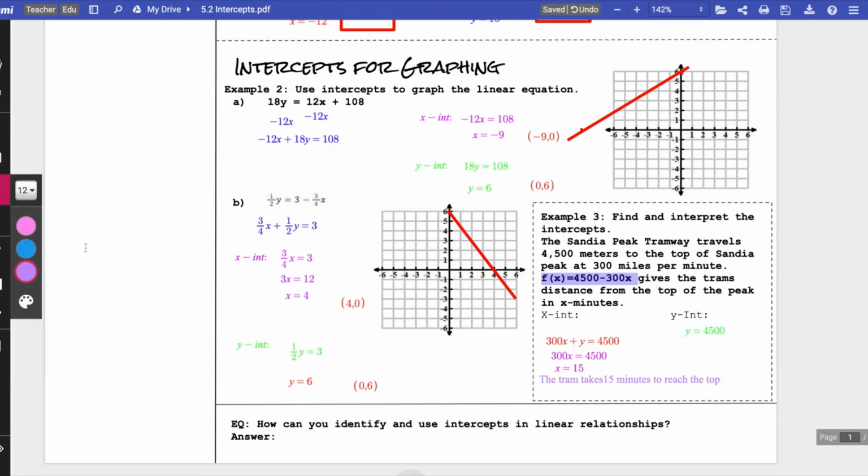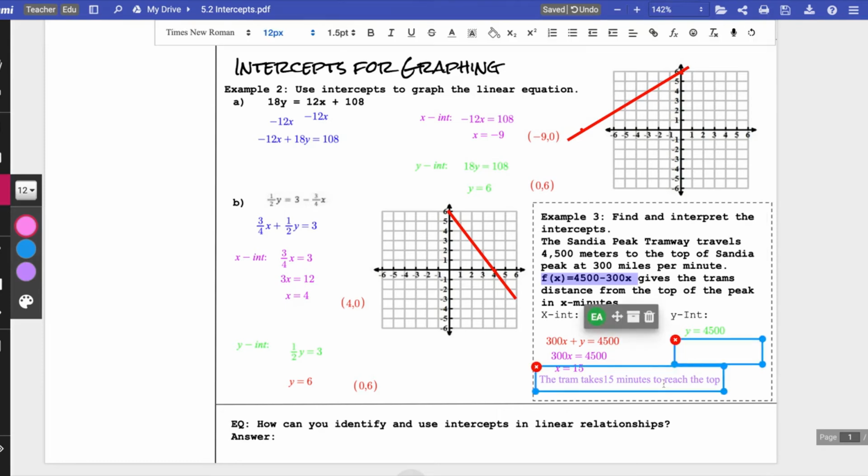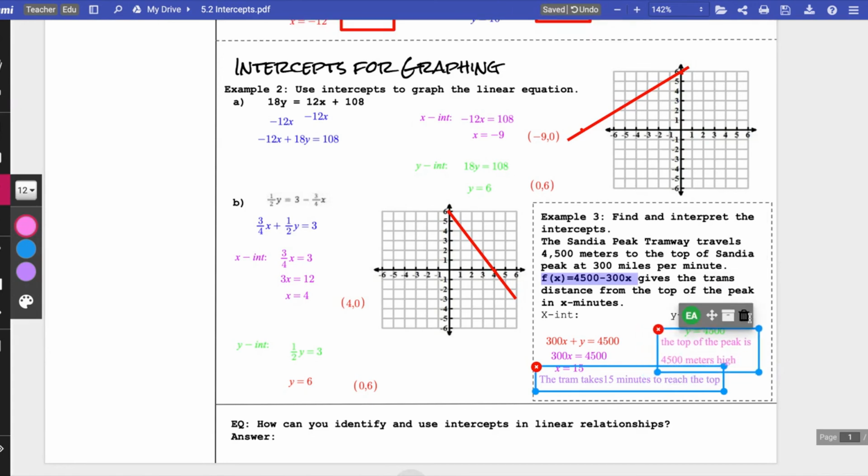So it's the top of the peak. That's all you got to write. The top of the peak is 4,500 meters. Easy.